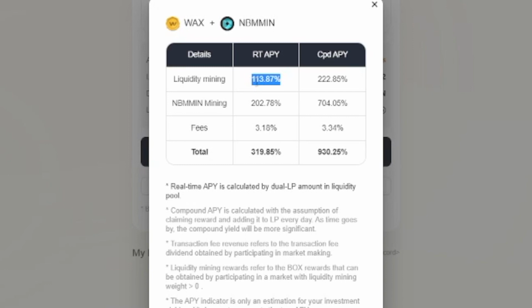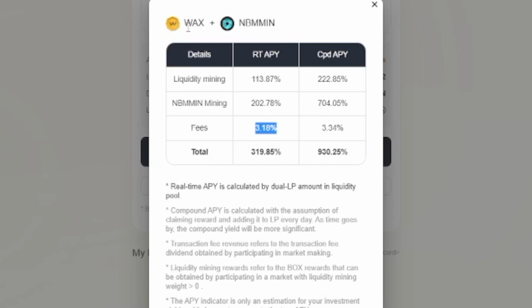You're earning 113% APR paid in Box token, along with 202% APR paid in NBM Minium token, along with 3.18% APR in base fees. This is paid basically directly to your position in the underlying assets.